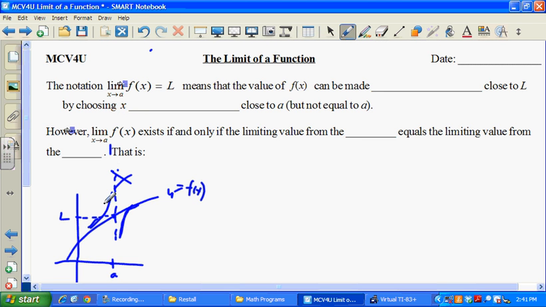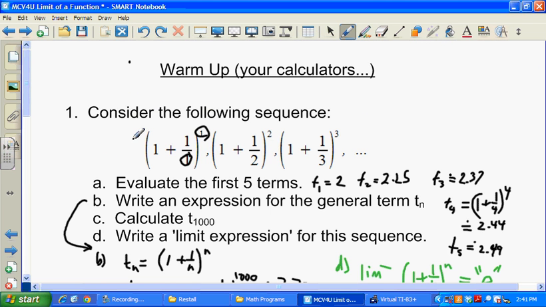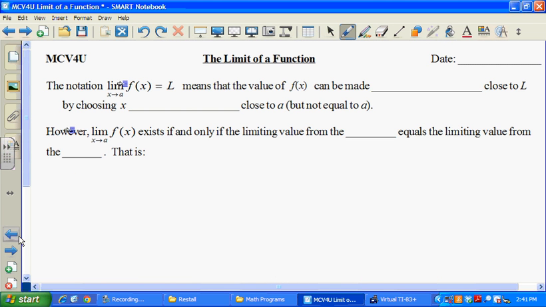So how do we define what this limit of a function is? It means that the value of f at x can be made arbitrarily close to L, no matter how close I want to get.